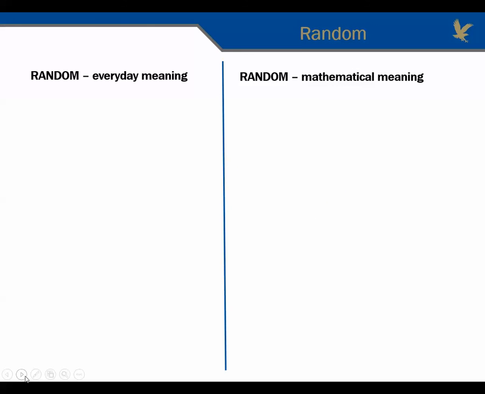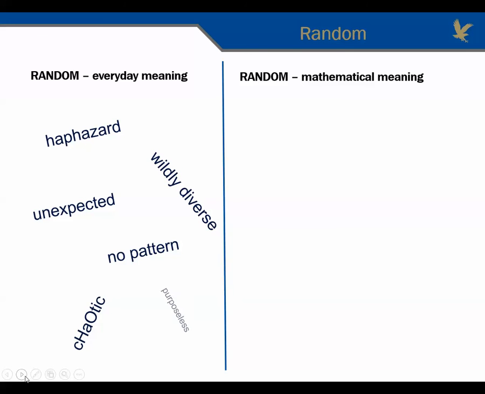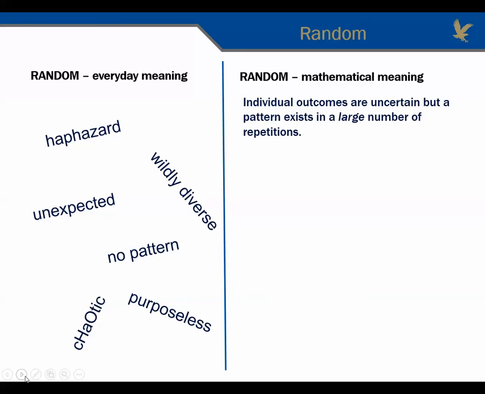The meaning of the word random in everyday conversation has meanings like this. In the mathematical subject of probability, which is used in inferential statistics, it means that we cannot readily see the pattern, although it exists.